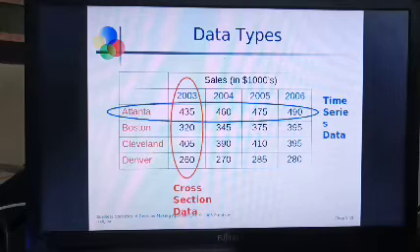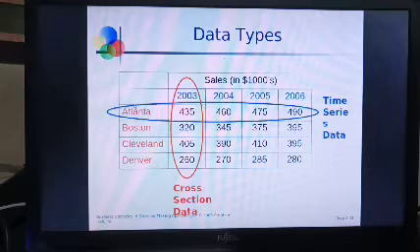And for Atlanta, a particular row in this matrix, the time series data for 2003, this one 435, for 2004 460, for 2005 475, and for 2006 490.